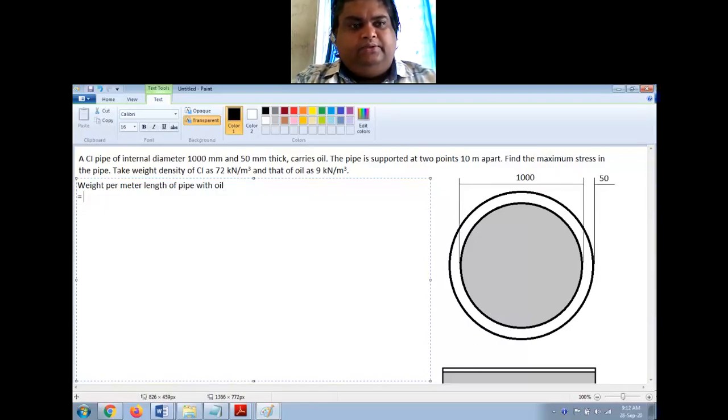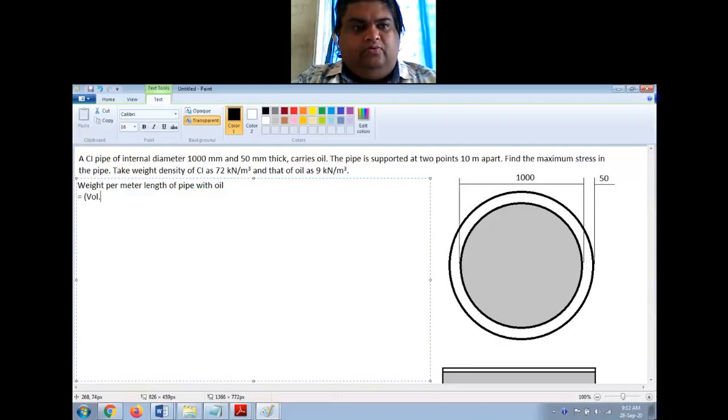right? This is equal to, now weight is calculated by volume of the particular cross section into the weight density, right?